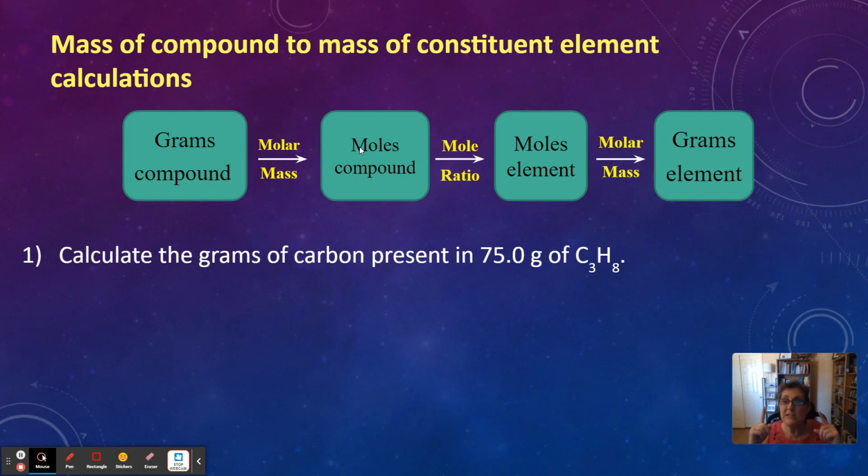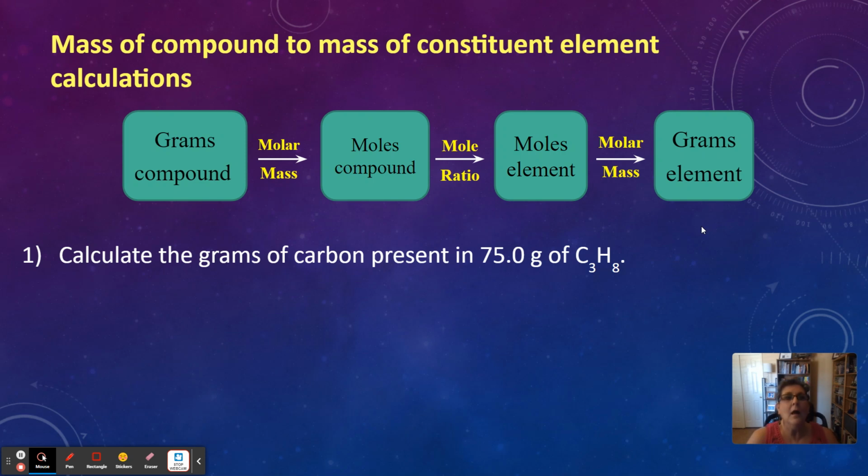Then we're going to use what we just learned in the previous video, which is the mole ratio, to go from the moles of the compound to the moles of the element in question. Except we're not asking for moles this time, we're asking for grams. So we're going to use the molar mass of the element to go to grams of the element. So we're just adding on to that mole ratio step by putting molar mass on either side of it. So we're going from grams to moles to moles to grams.